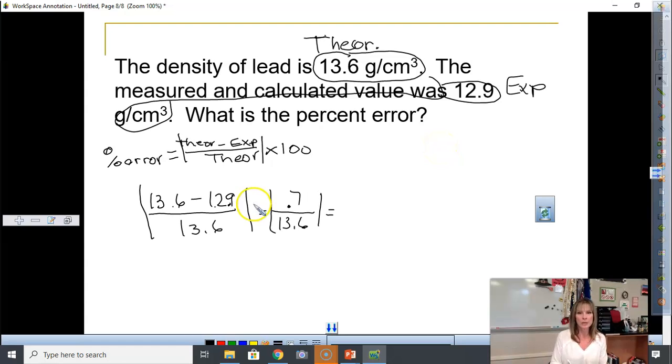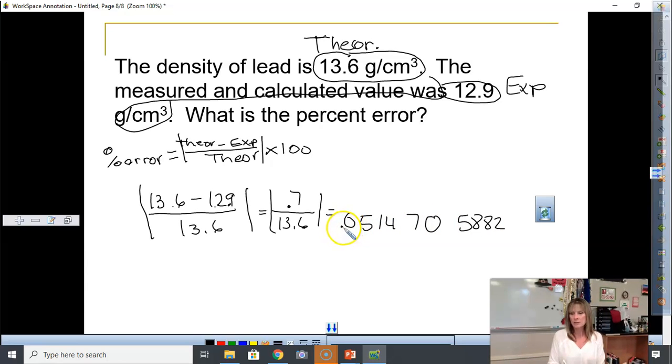Right, I can have 3, because each of those numbers has 3, and we've been multiplying and dividing, which means you round to the weakest link, and both of them are 3 sig figs. So my answer is actually a really long number, 0.05147058882. Ha! It's a big number. So I can have 3 sig figs.